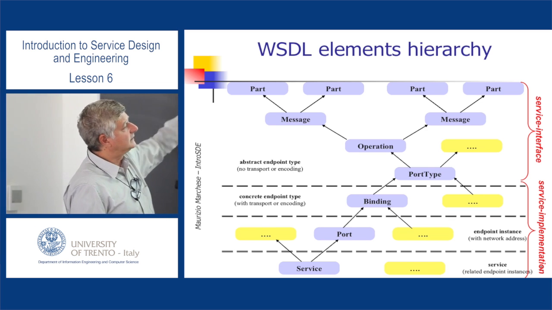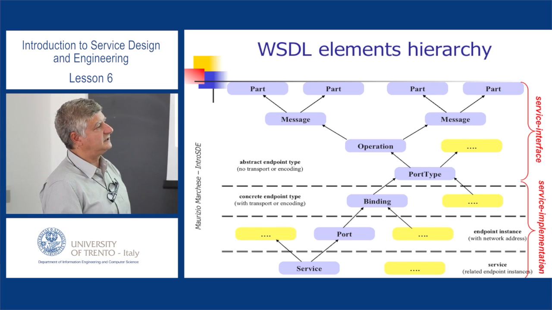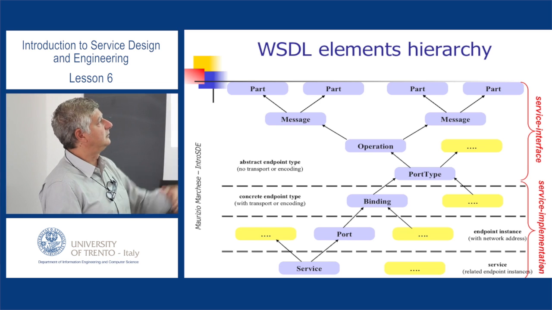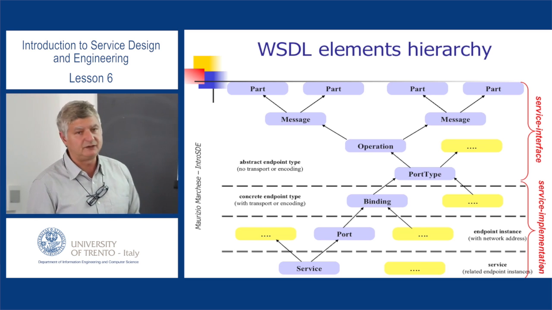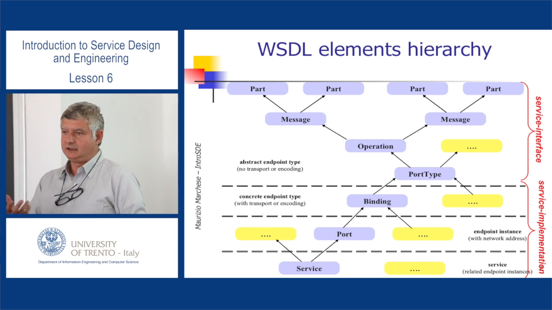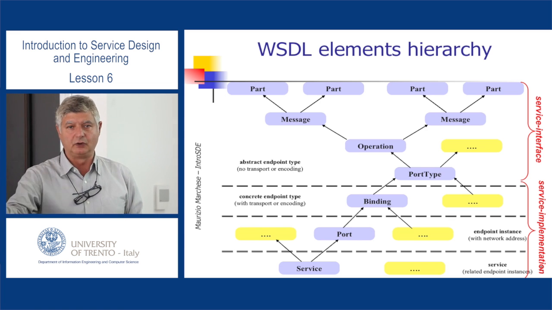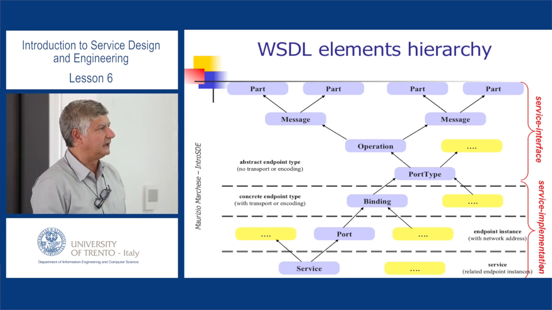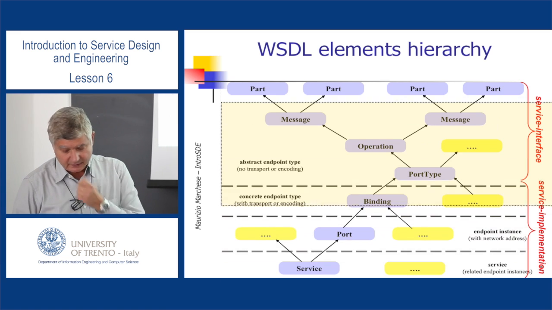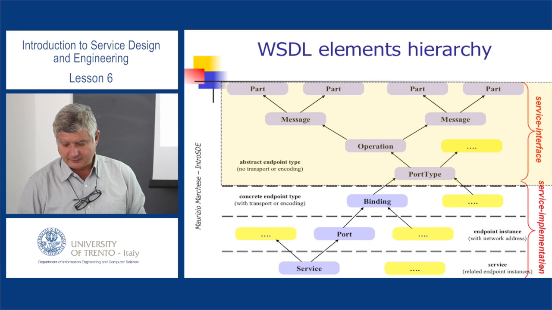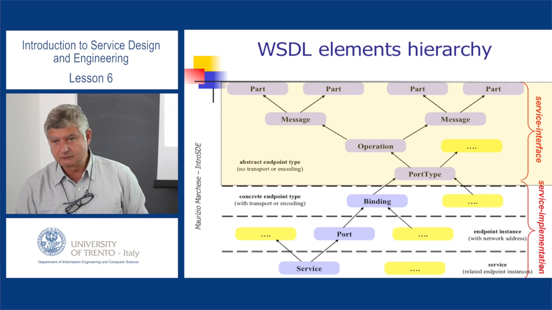Then from this layer down, a different layer of specification, you go into the service implementation, in which you include information about this transport, encoding, network address, and eventually physical, meaning URI endpoint instances where you can really call the service. And you can attach your own program to this particular service. So let's focus first on the abstract part, the one related to the service interface.